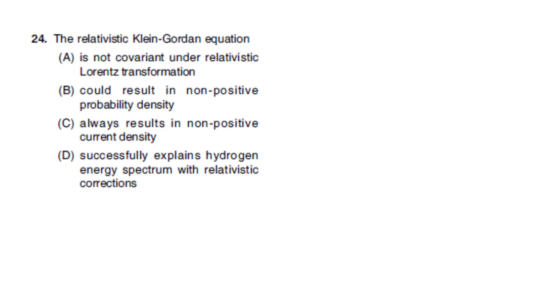So the next question is about the relativistic Klein-Gordon equation. From non-relativistic theory we know that the position probability density P of r,t is given by the square of psi.